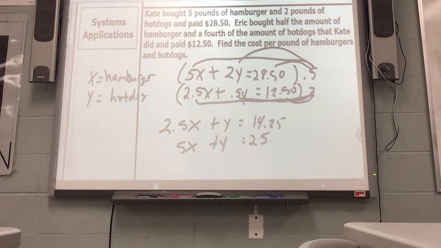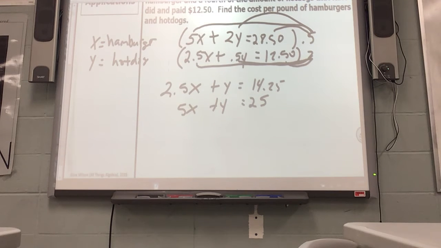So now she's ready to eliminate her y's. They're same sign y's, so she's gonna subtract. So 2.5 minus 5, that gets you negative 2.5 x's. Y minus y is nothing, he gone. 14.25 minus 25 is negative 10.75. So then just divide by negative 2.5. You got it, sister.